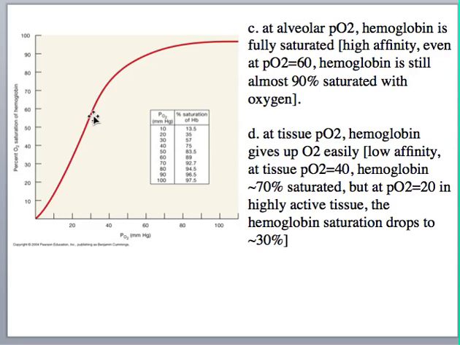It has a low affinity for oxygen, and that's a good thing because your tissues need oxygen. So the shape of hemoglobin chemically is such that when it is at tissue PO2, it will give up oxygen relatively easily, meaning it has a low affinity for oxygen.